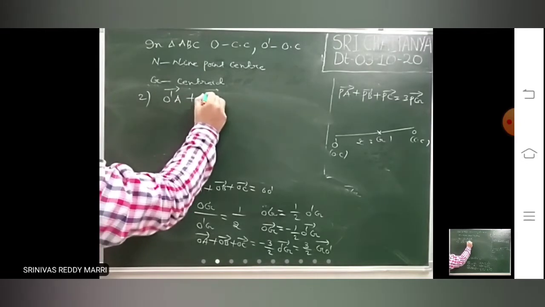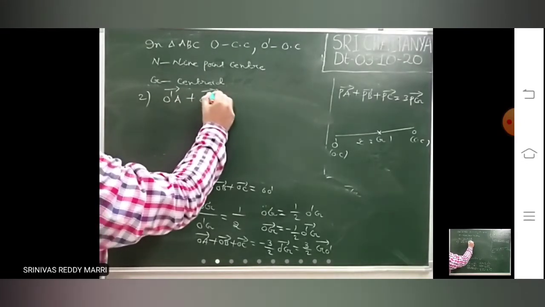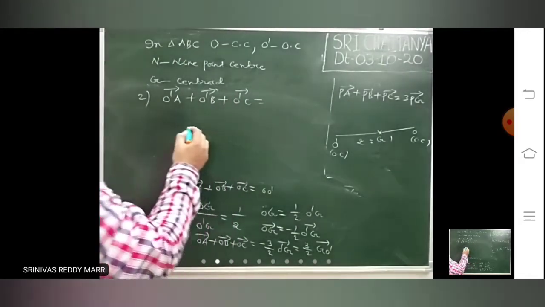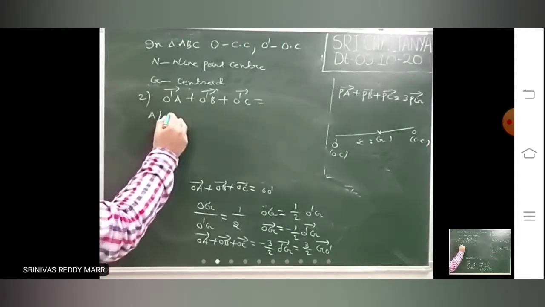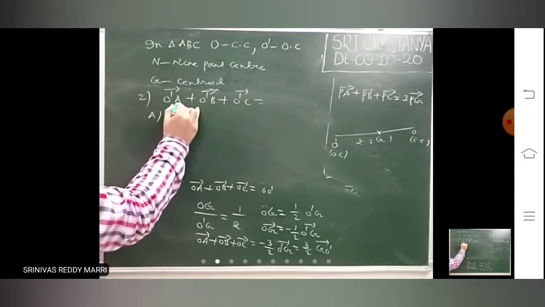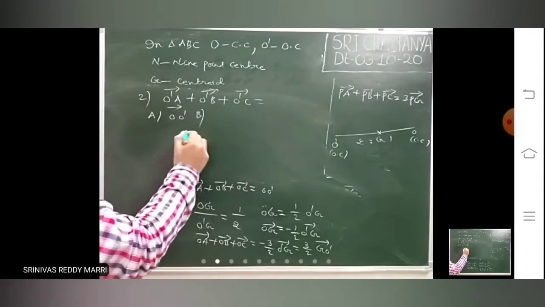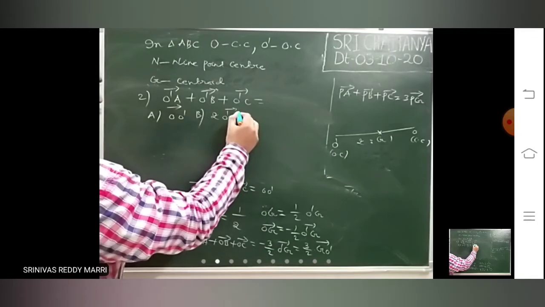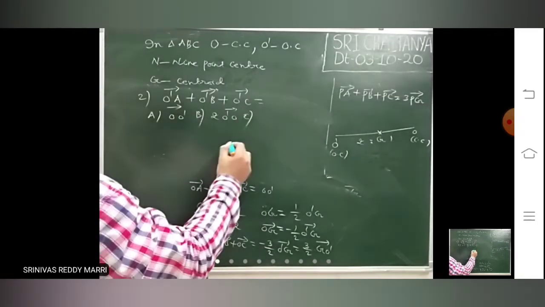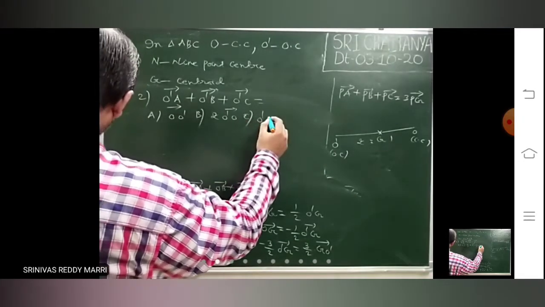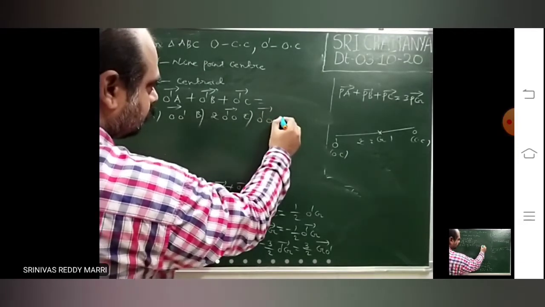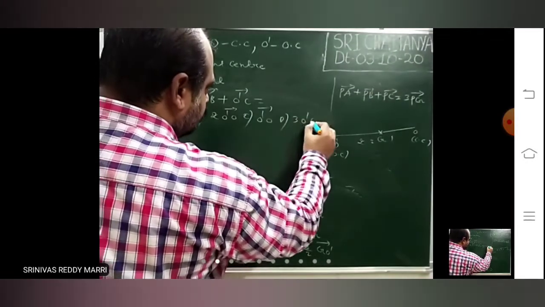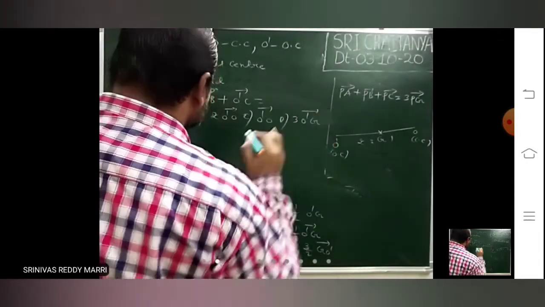O dash A bar, O dash B bar, O dash C bar equals to, he is asking like this.